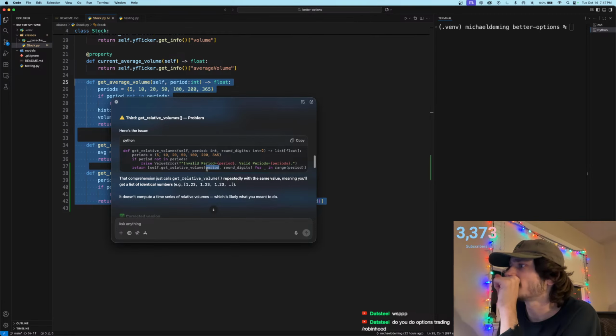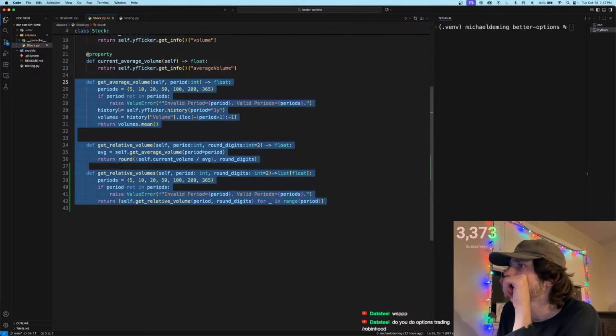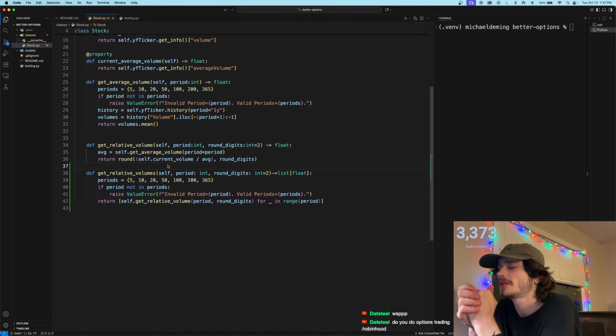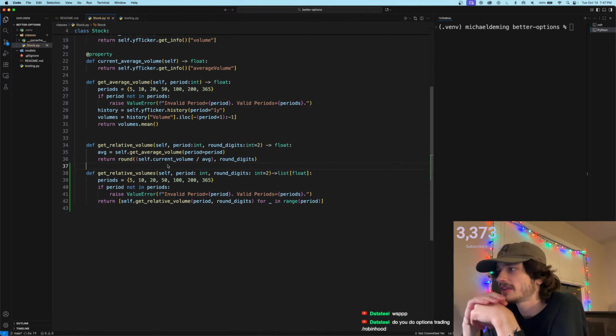All right. Okay, so get relative volume of the period. The self.get_relative_volume just takes in a period and gets the average volume currently. Okay, so we'd have to get the average volume.